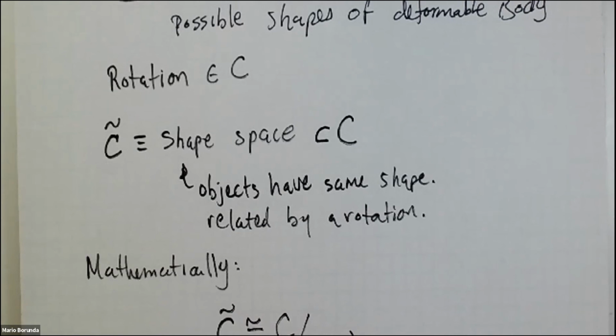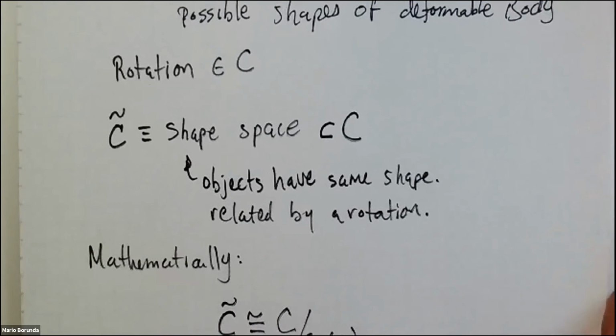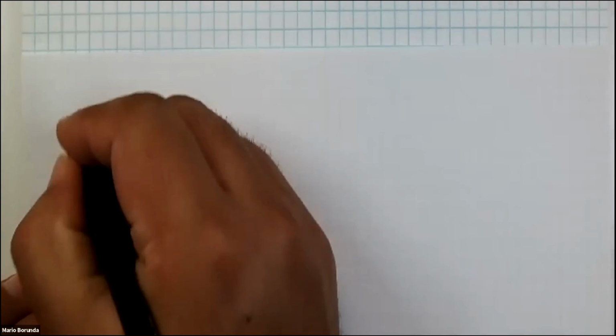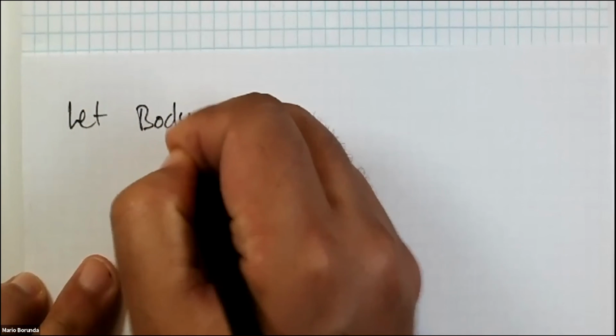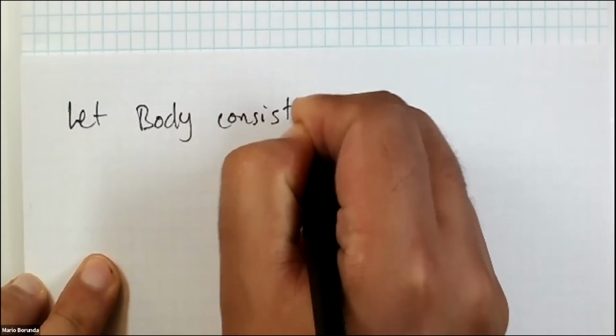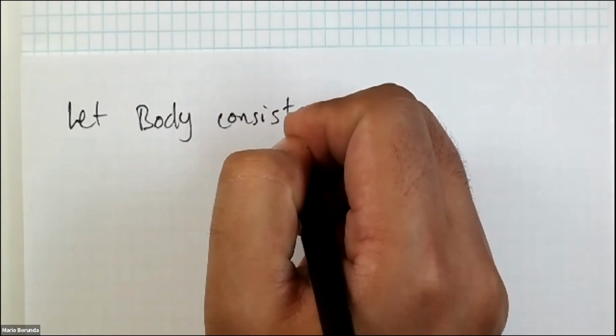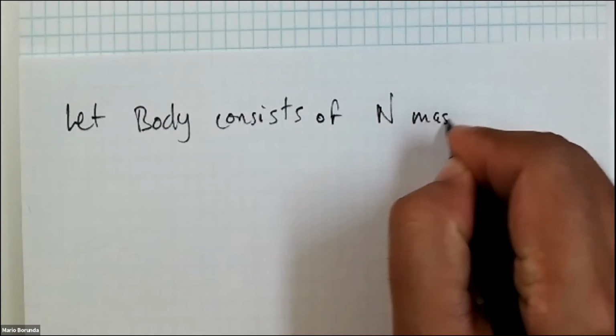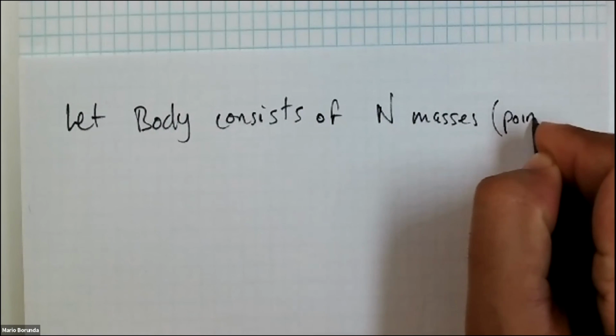No? All right. So we can describe this better by saying that a body consists of n masses. These are point objects, okay?